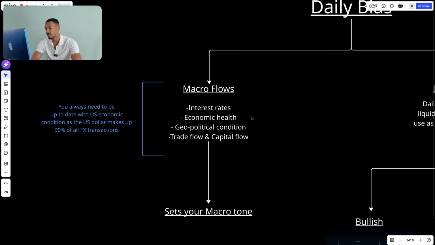And then trade flow and capital flow, you're looking at imports and exports, how much an economy makes from its importing and exporting, right? So like US, heavy importer, heavy exporter. China is exporting quite a lot. You're looking at how much money they're making from their trade flows.